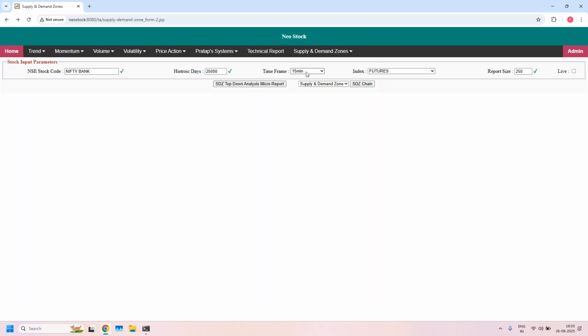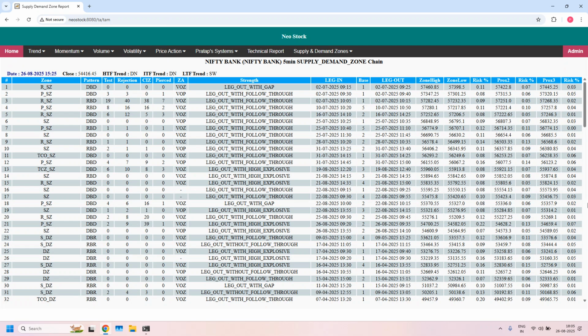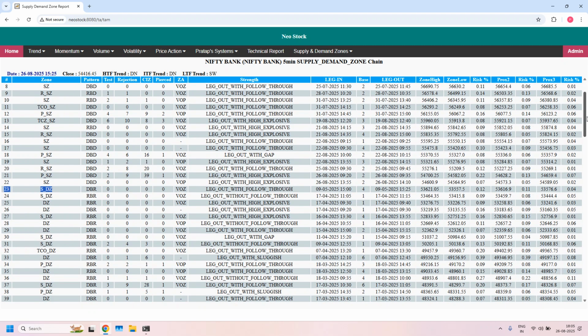Next, generating 5 minutes supply demand zone chain for Bank Nifty. The nearest demand zone to the current closing price is serial number 23. I'm keeping this in the middle of the page.